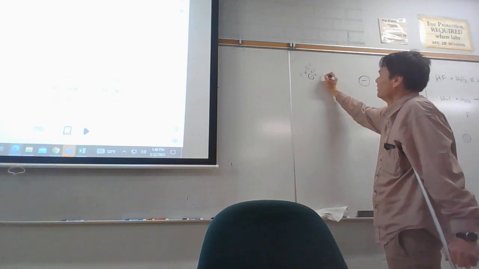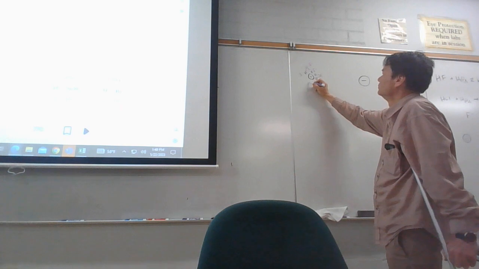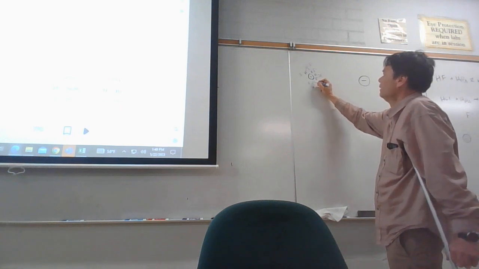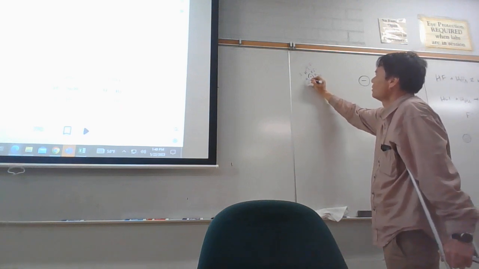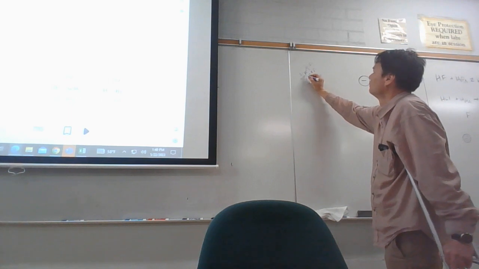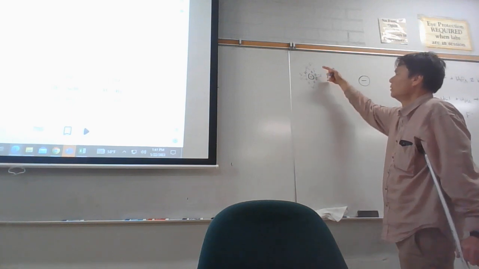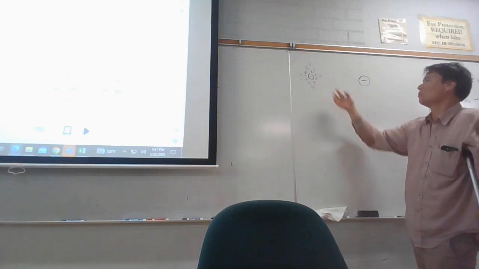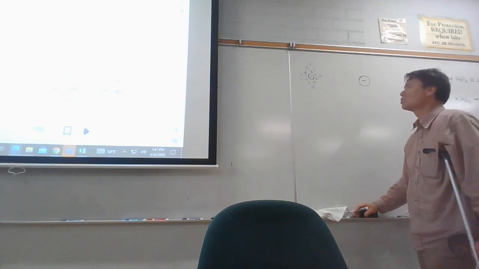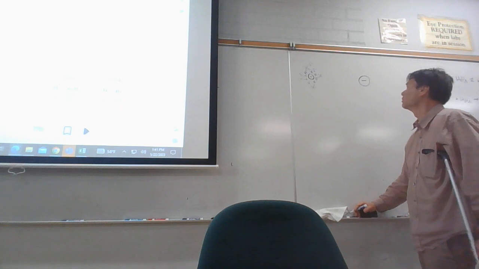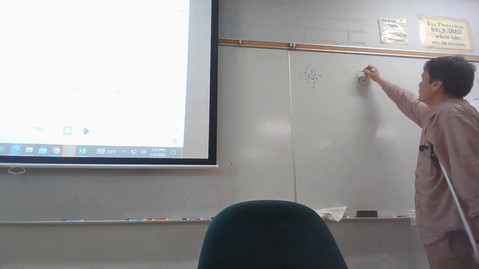This is a dipole of water. And so we probably can fit about 6 water molecules here, 4 kind of in the plane, 1 on top, 1 on the bottom. We call it a hydration sphere or solvated ion.